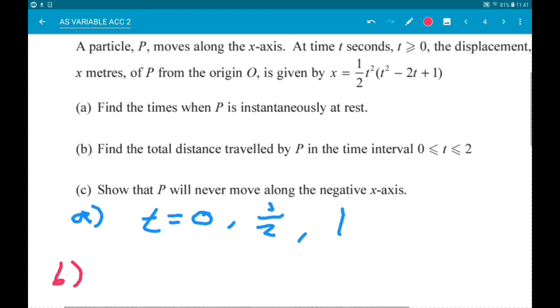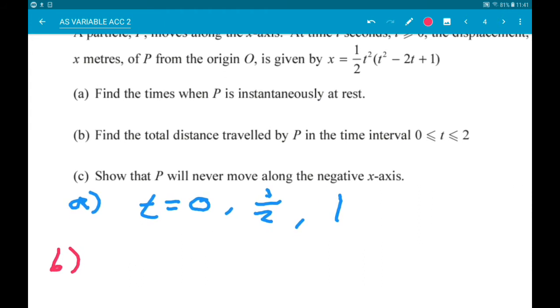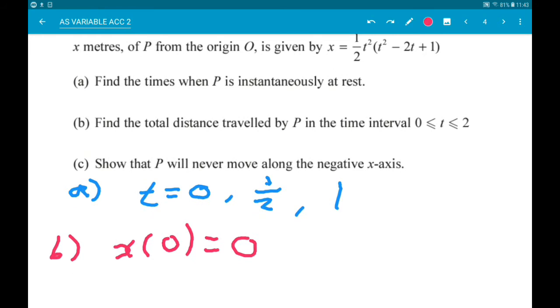So substitute t equals 0 into x. Now, very nicely, we get 0. So the particle did start at O.